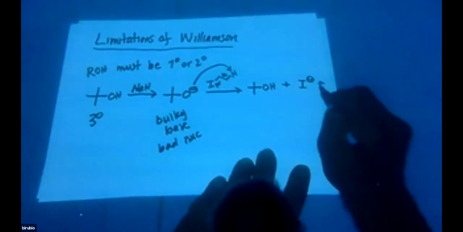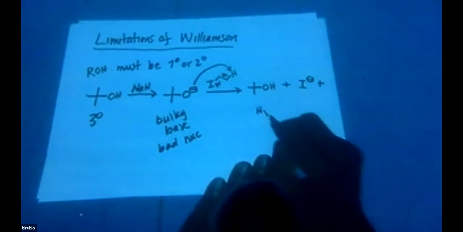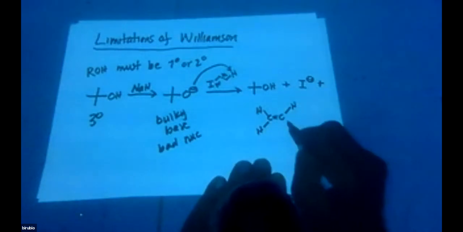So tertiary alcohol, that's going to lead to elimination. So here you're going to get the alcohol back, and then you're going to get this elimination. You're going to get the leaving group, and then the other product of this reaction will be the elimination product, which in this case will be ethene.